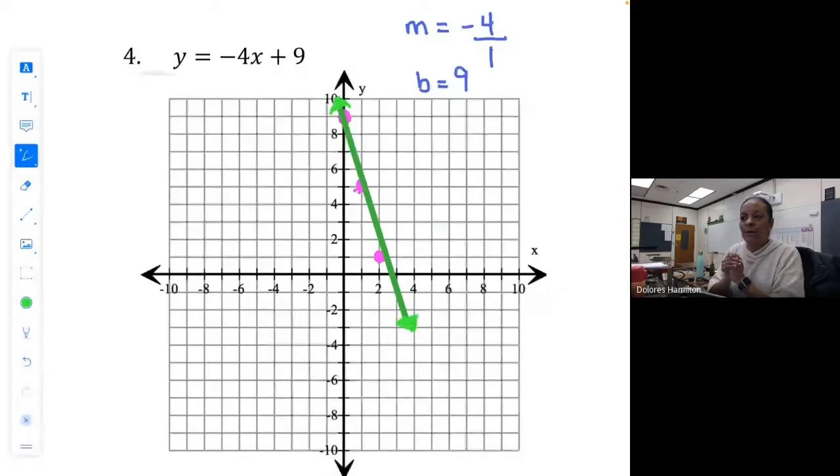And we would finish our line. So our steps are find that y-intercept, find your b, and then use your m to figure out the rise and the run.